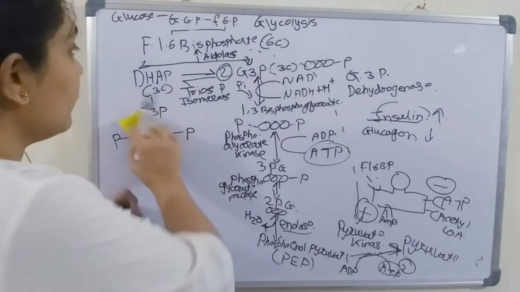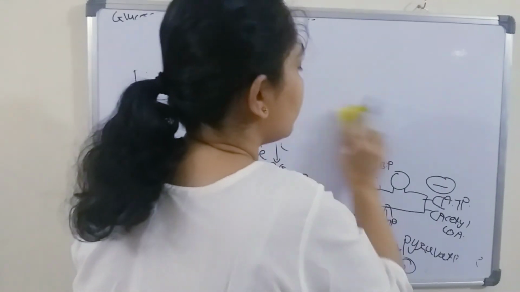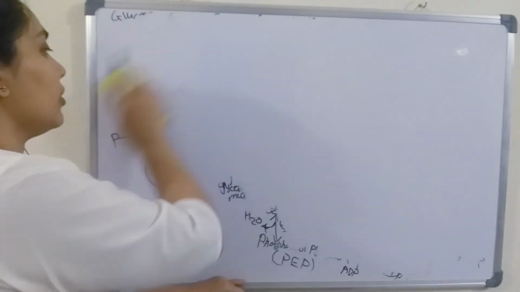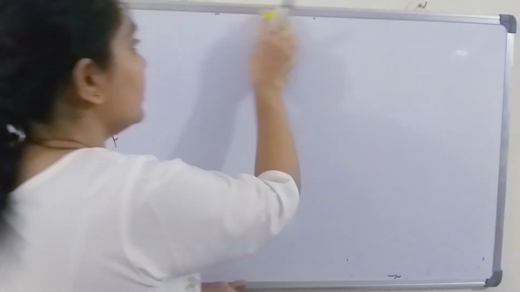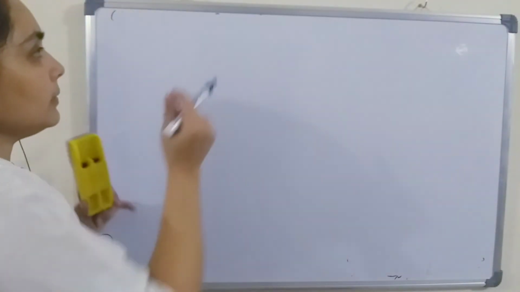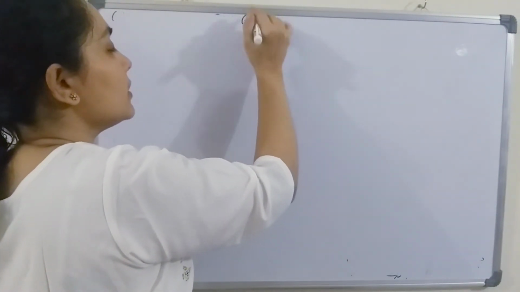Okay, very quickly we will see the energetics of glycolysis. How many molecules of ATP will we get? We'll just write here the compound names. First is glucose.